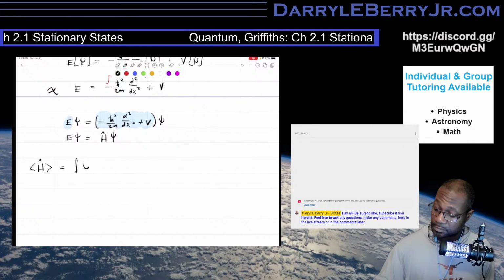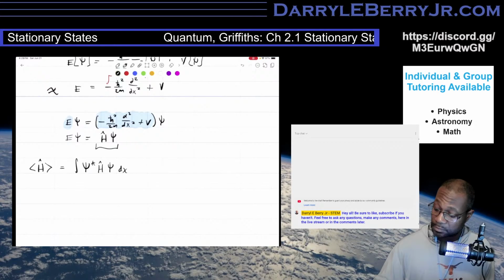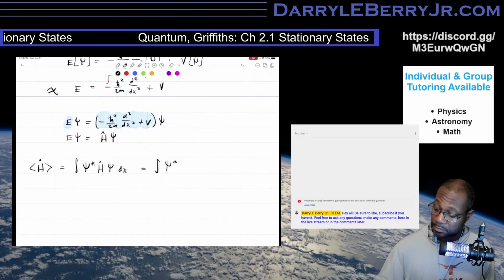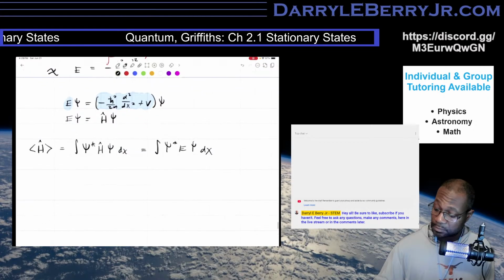So we have psi star, and we know that H on psi gives E psi. And now E is just a value, so we can extract it out of the integral.